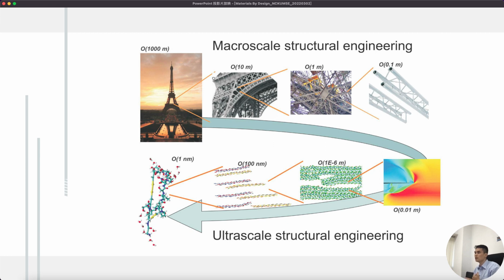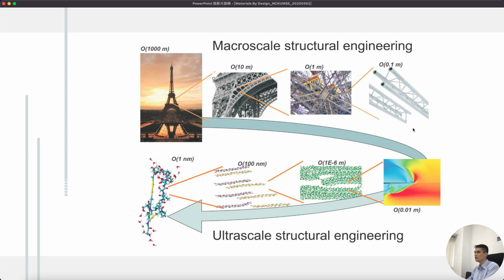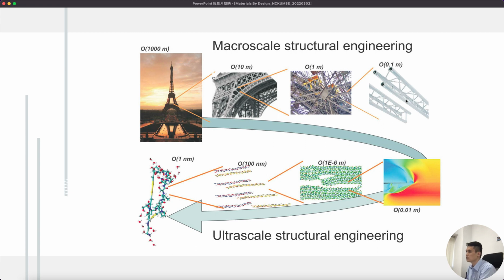We can do it from the macro scale. Take the Eiffel Tower: you can see the tower from kilometers down to several meters, and then going top down to the very nanoscale of a material.